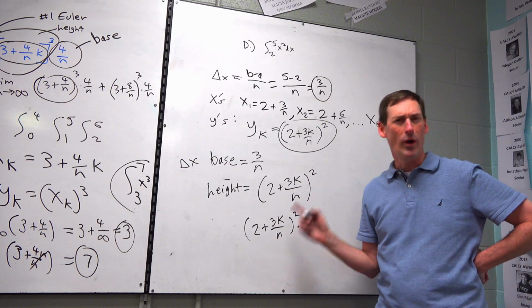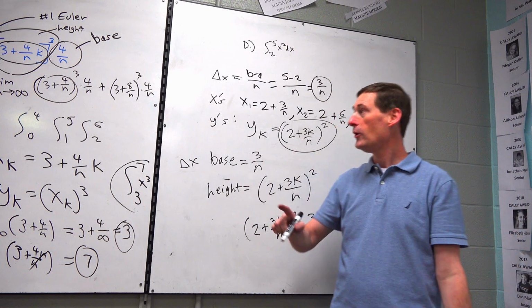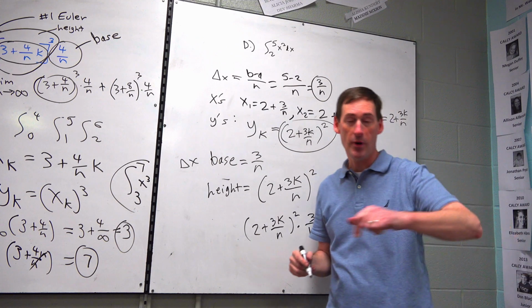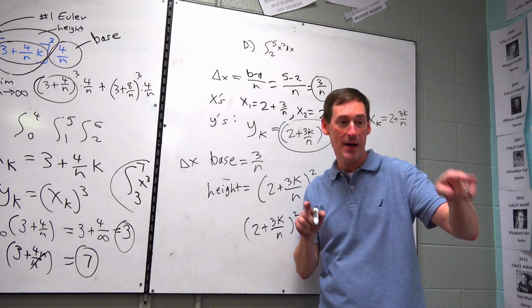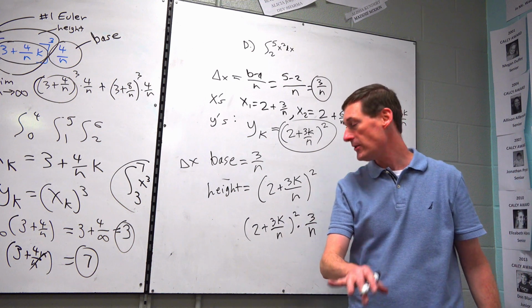Now that only covers one rectangle. Don't we want to cover all the rectangles? So we're going to bring in a sigma, because in this problem it says write this in sigma notation. So, sigma notation.